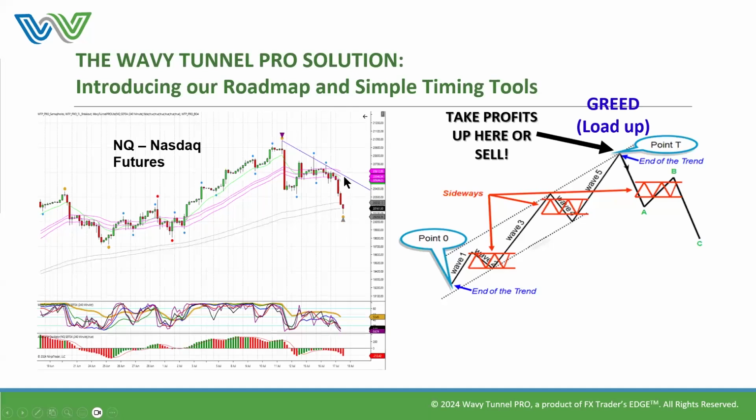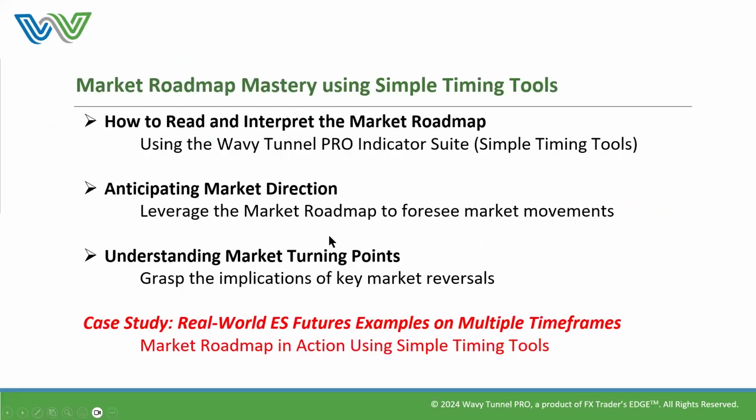And once you internalize this setup, you will start to look for these trades, and you won't chase the market up here. You might use patience to wait for the move back down to this area where you might want to be buying, because this is the end of the C. So first, we're going to discuss these simple timing tools.